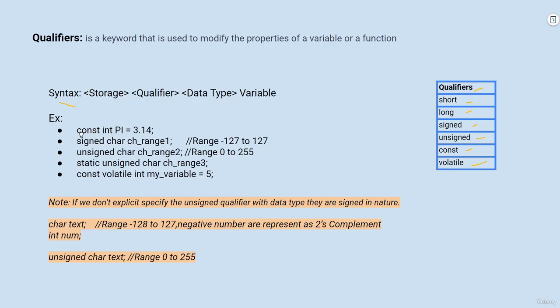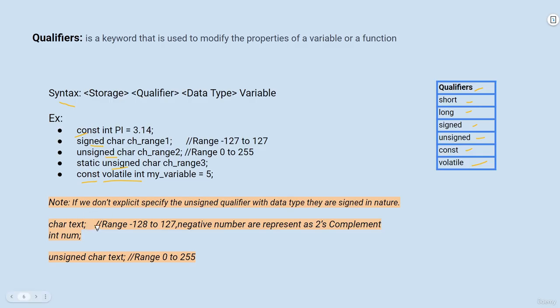In this case, const is the qualifier, in this case signed, in this case unsigned, and in this case we have two qualifiers together, const and volatile. Note, if we don't explicitly specify the unsigned qualifier with a data type, they are signed in nature. By default, like in this case int, this is signed. For unsigned, we have to specifically mention unsigned.